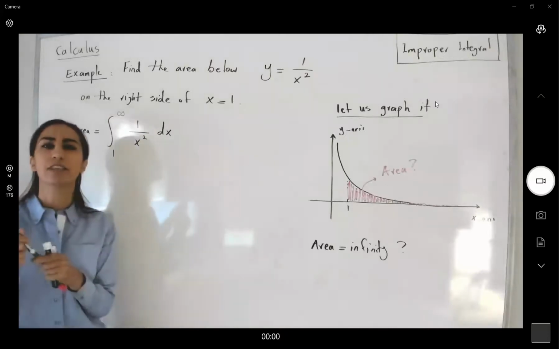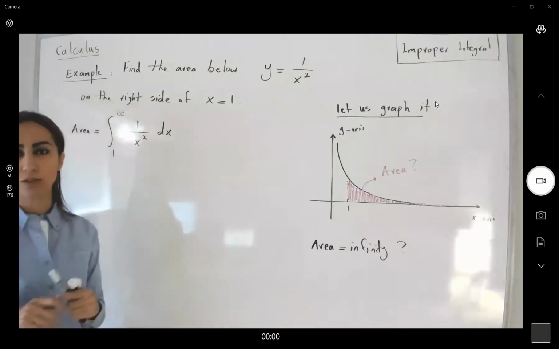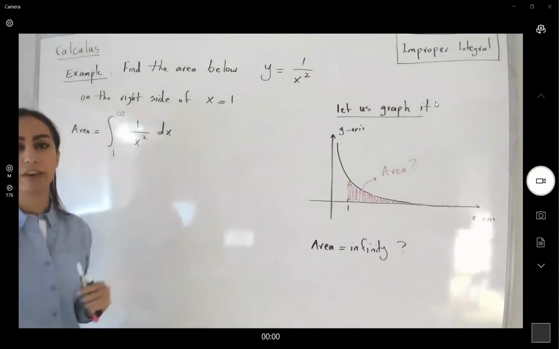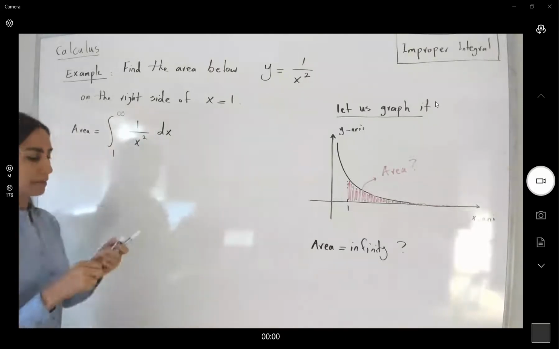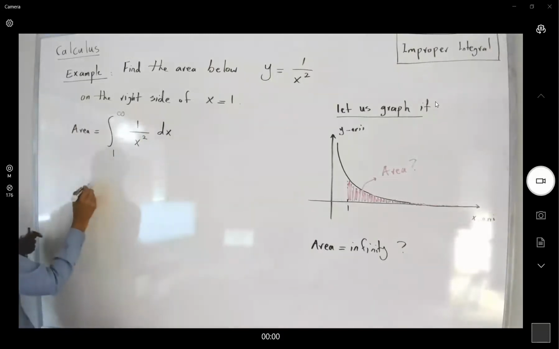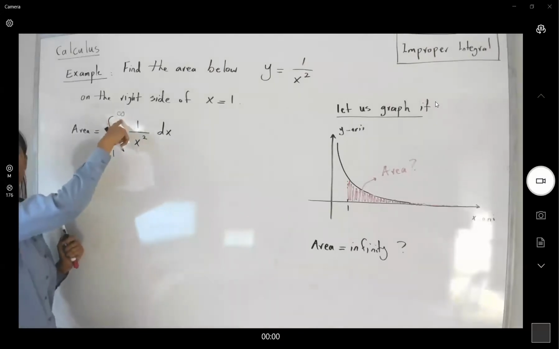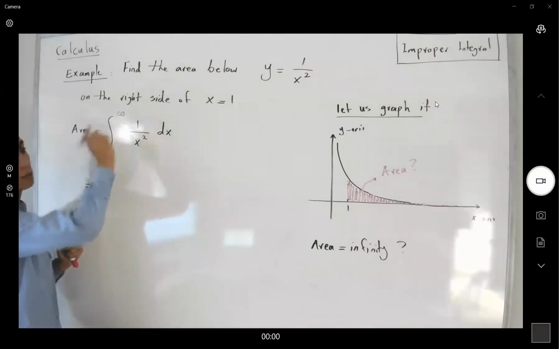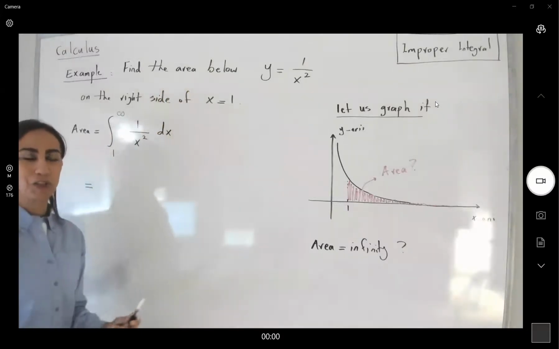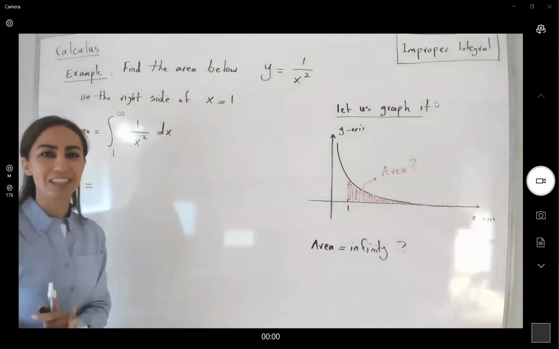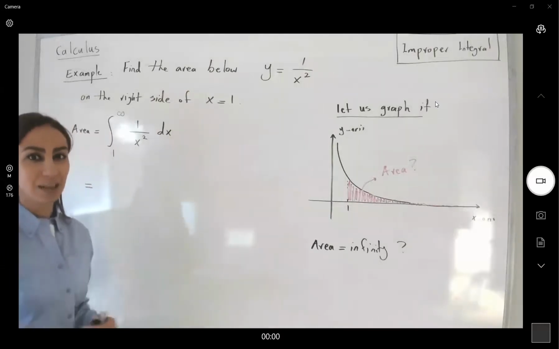So these types of integrals are called improper integrals. One of the boundaries or both of them are infinity. So how do we write this down? Since here you have infinity, your upper limit approaches infinity. So recall, when it comes to approaching infinity, you're getting back to elementary calculus, the concept of limit.